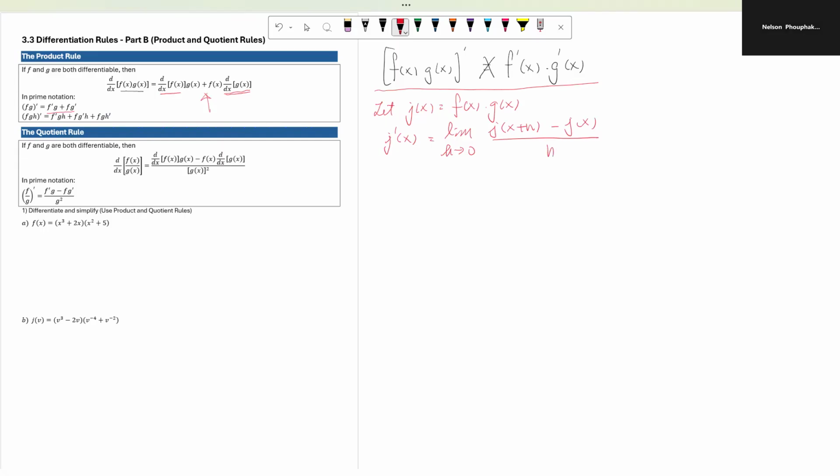So we go back to the limit definition. The j function is f times g, so I will have f of x plus h times g of x plus h, minus f of x times g of x, over h.